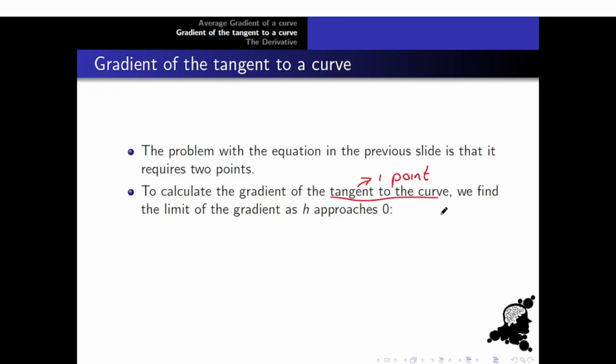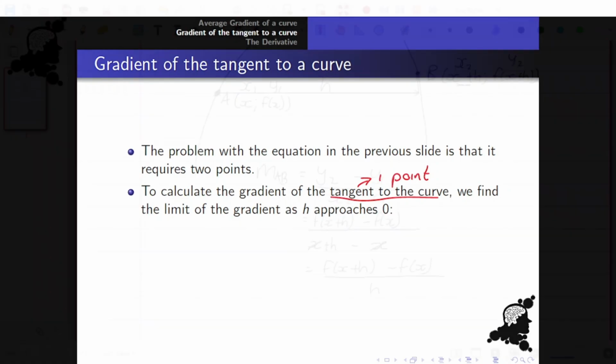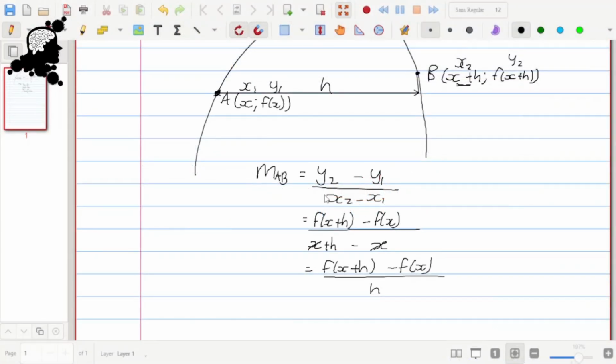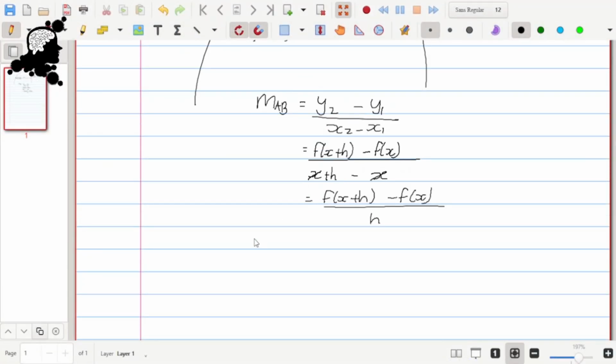And we could do this by taking the equation that we have in the previous slide, and we find the limit of that equation as h approaches 0. So we are saying that if we take this equation that we have so far, the gradient we said is equal to f of x plus h minus f of x divided by h.